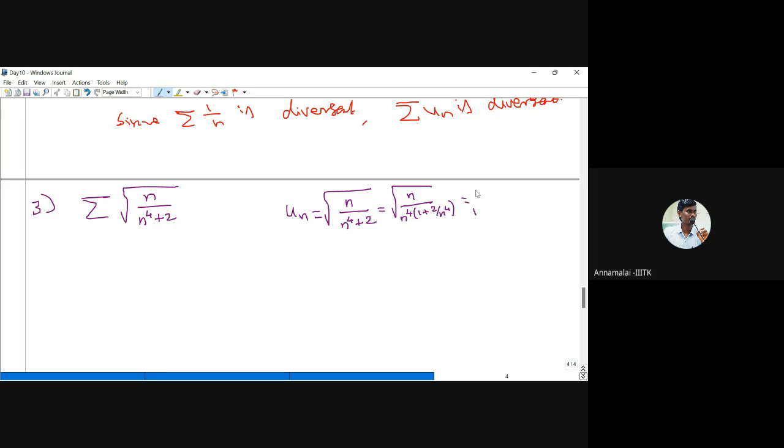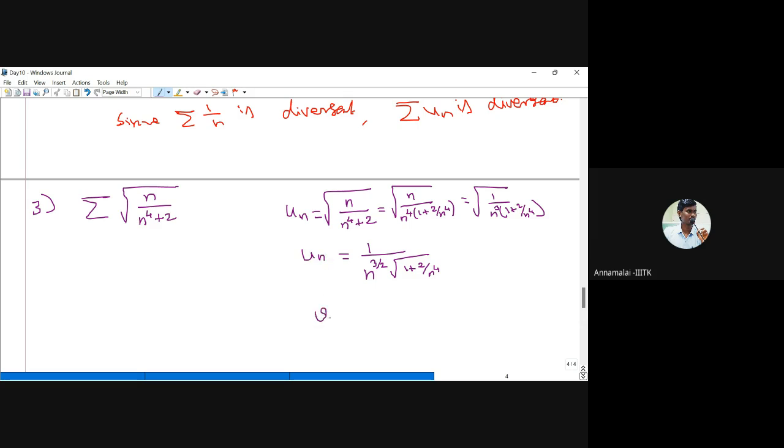Therefore, we get square root of 1 by n cube into 1 plus 2 by n power 4. You can take this 1 by n cube outside from the root. What will we get? 1 by n power 3 by 2, because root gives the power 1 by 2, into square root of 1 plus 2 by n power 4. So this is our Un.